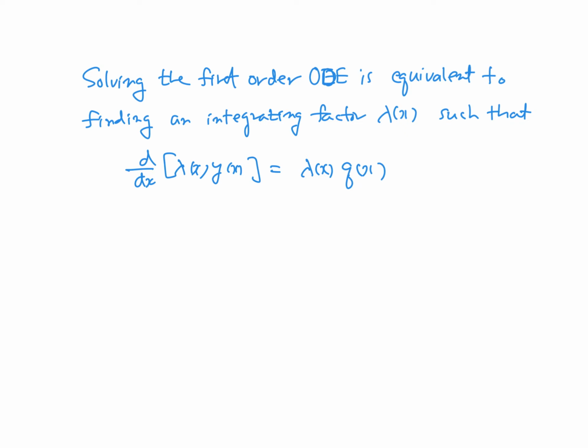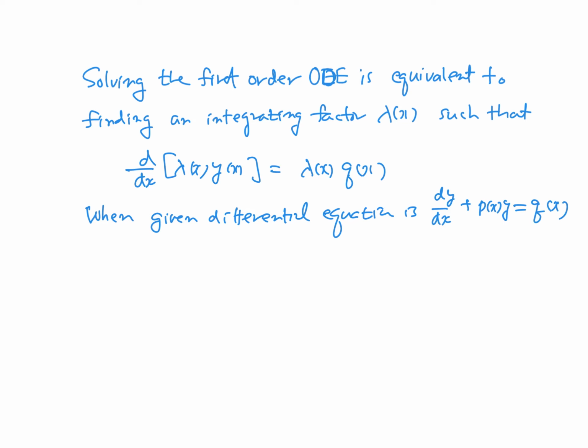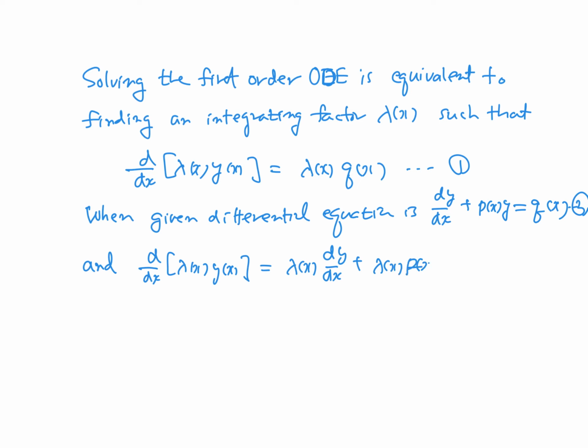So given the differential equation is this, when the given differential equation is dy/dx plus p x y equals q x. This is one, this is two, and d/dx of lambda x y x is lambda x dy/dx plus lambda x p x y.